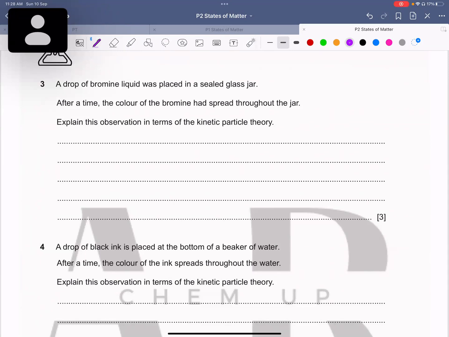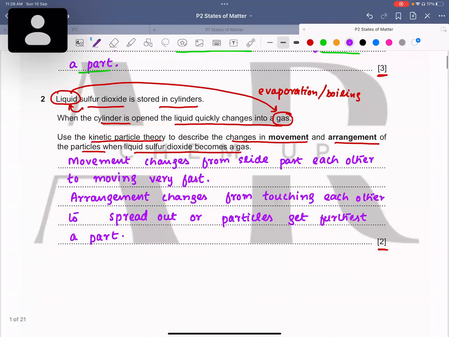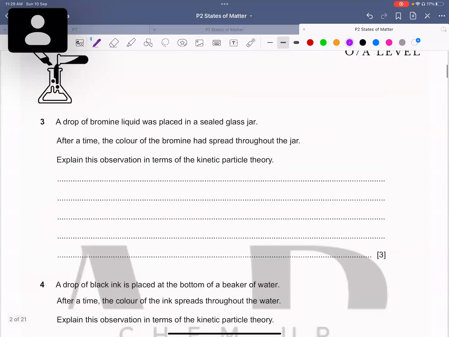Okay, sir. Can you show the second one again? Yeah, sure. Okay. Now, sir, if I look at this in my rough copy, is it okay?